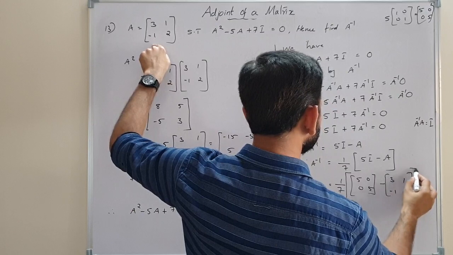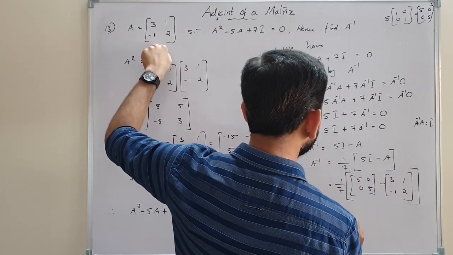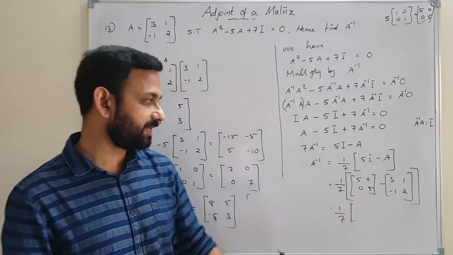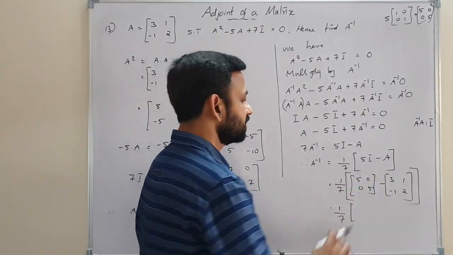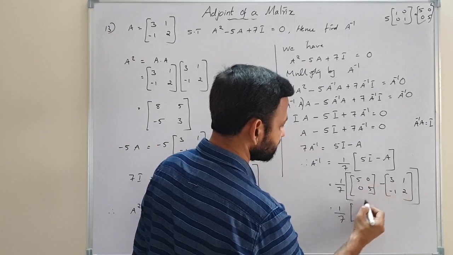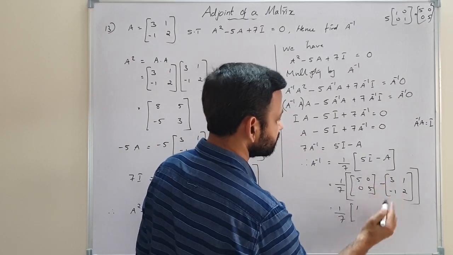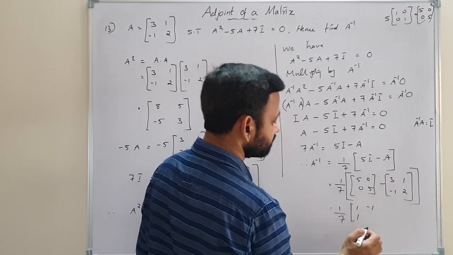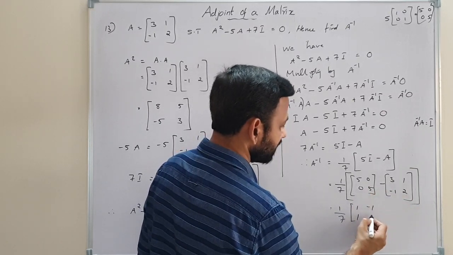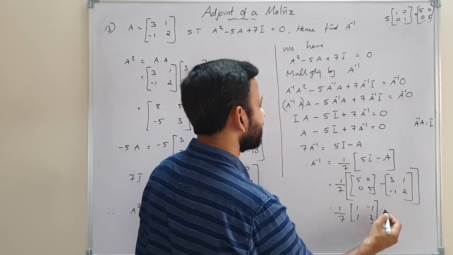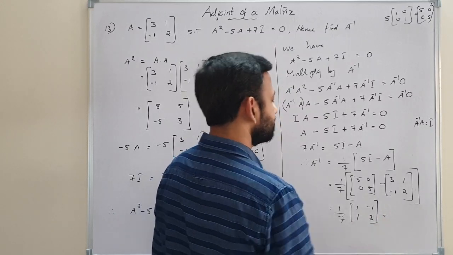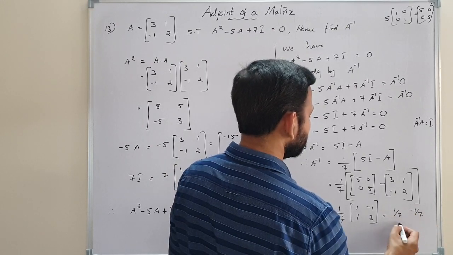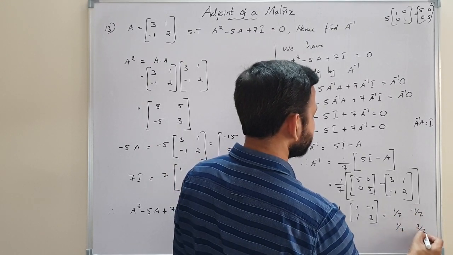Then close the bracket. That is 1 upon 7, and inside the bracket we are going to find the difference between those two matrices. So 5 minus 3, that is 2. 0 minus 1, minus 1. 0 minus minus 1, that is plus 1. 5 minus 2, that is 3. Now we can take 1 by 7 inside.